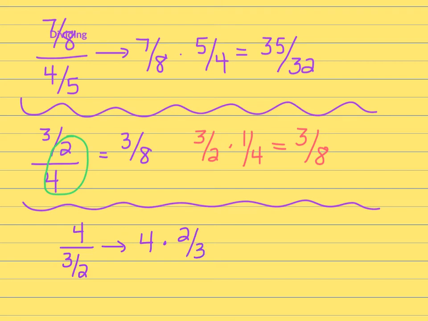And remember that 4 can be written as 4/1. So 4 times 2 is 8, and 1 times 3 is 3. You'll notice that I got the reciprocal of what I got up above because I took the original division and just did it in the opposite order. Okay, so that's how we divide with fractions.